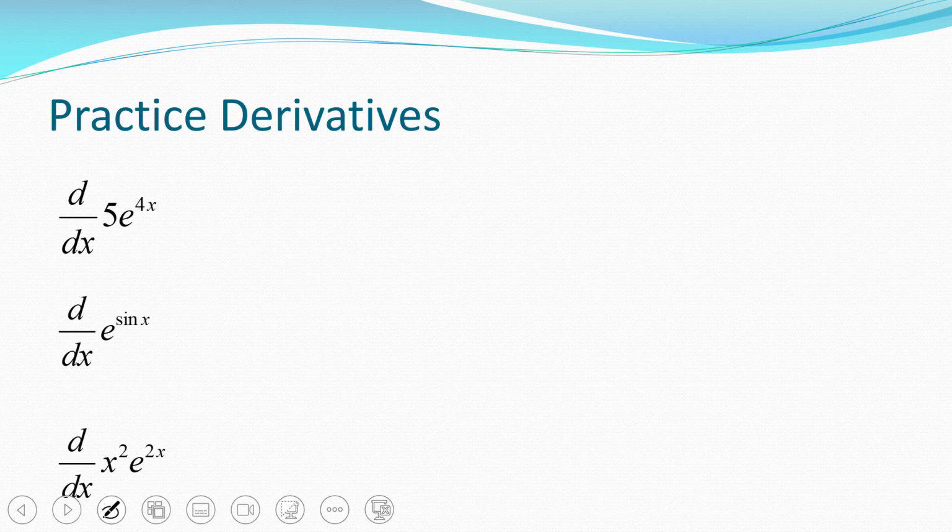So I want to know what's the derivative of 5 times e to the 4x. So then this would be equal to, I take the constant and I take the derivative of the rest. But that is the constant. But the derivative of e to the 4x is e to the 4x.